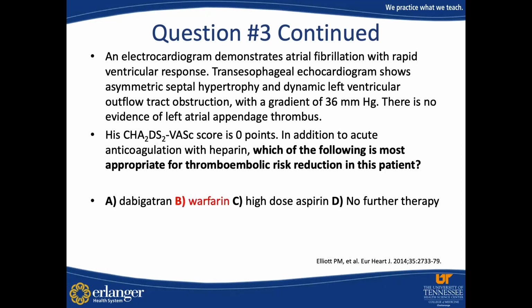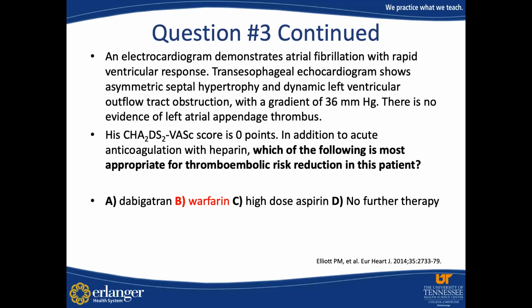All right, good job. Warfarin is the correct answer. The big point they want you to take home, which we touched on last lecture, is that in patients with hypertrophic cardiomyopathy, you ignore the CHA2DS2-VASc. Not all hypertrophics, but if you have documented AFib and hypertrophic cardiomyopathy, they still need anticoagulation regardless of their CHA2DS2-VASc.